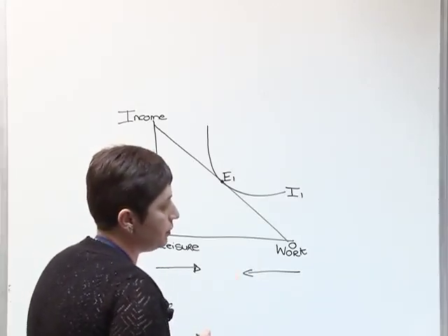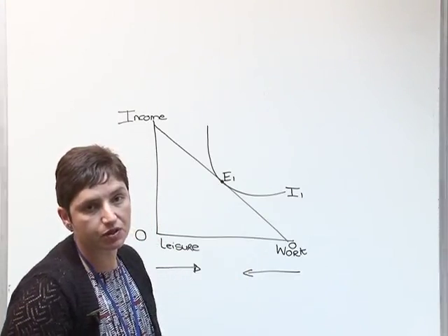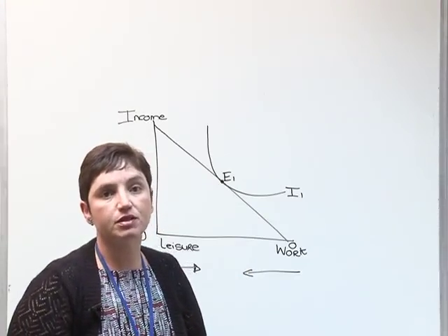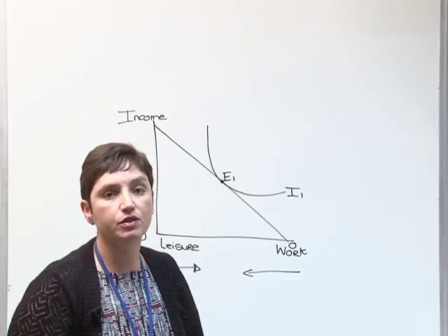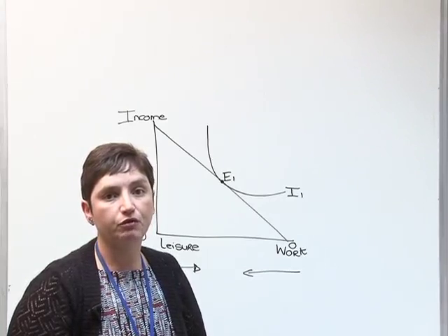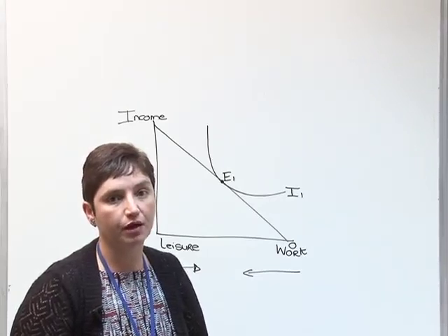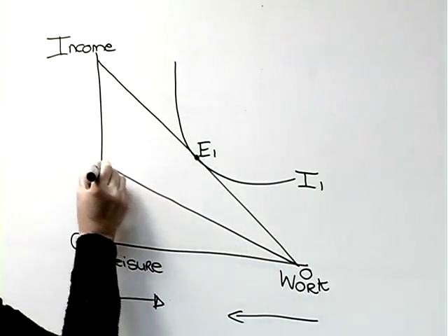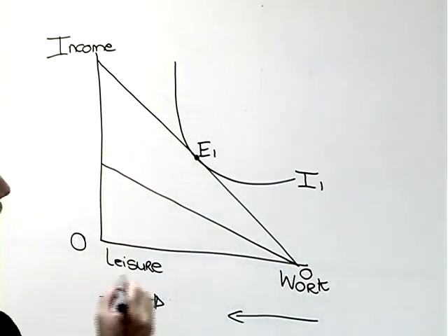And we asked a personal income tax specifically. In this case, a personal income tax gets levied, and we want to see what is the immediate effect on work effort or then labor supply. In this case, it pivots to the inside, the budget line.